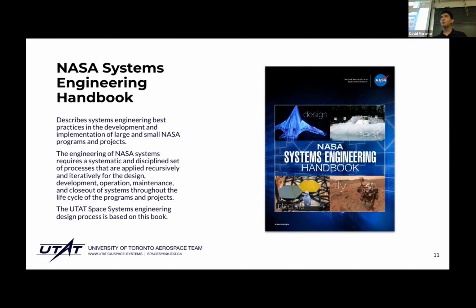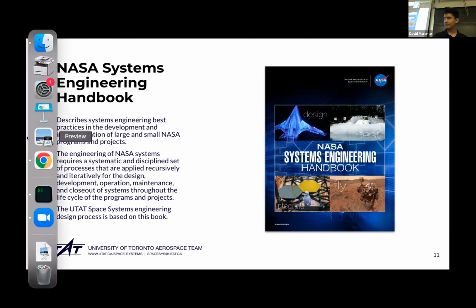And the reason we follow such rigorous guidelines in the way that we structure our workflow is that that's simply what it takes to go to space. Over the course of the presentation, I'll show you exactly how we are adopting the methodologies and practices contained within this book. The one that we're following right now is the Systems Engineering Handbook revision 2015 or something. It's the newest one, I believe, 2017 or 2015.